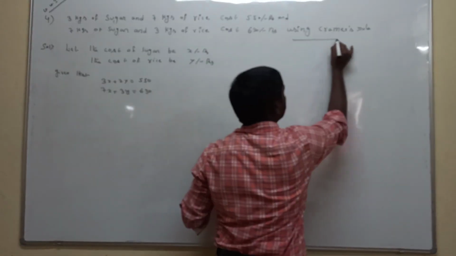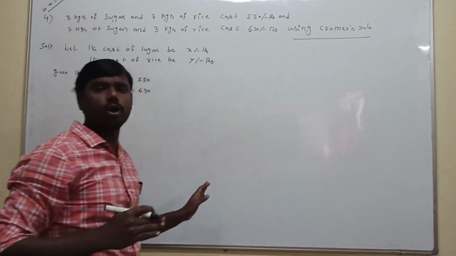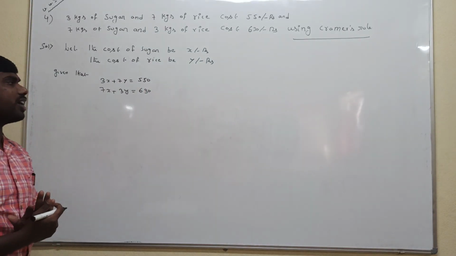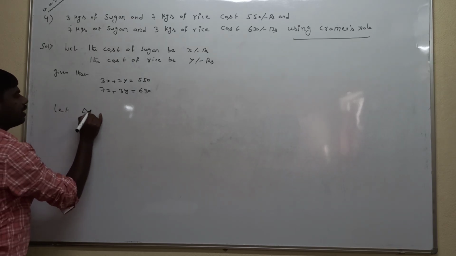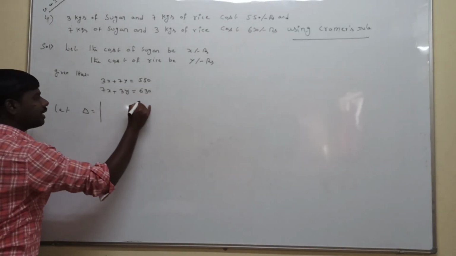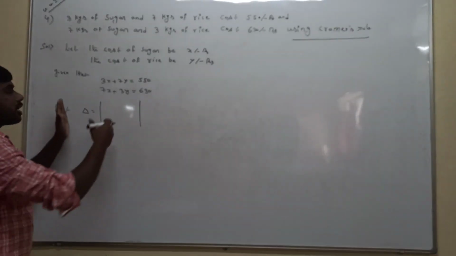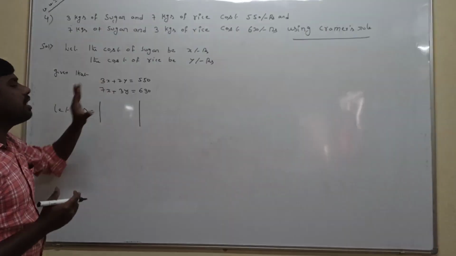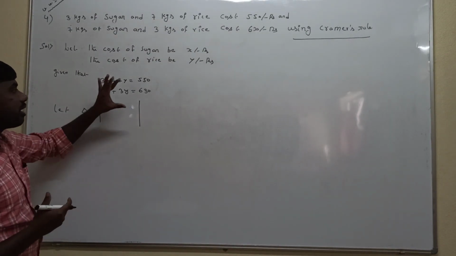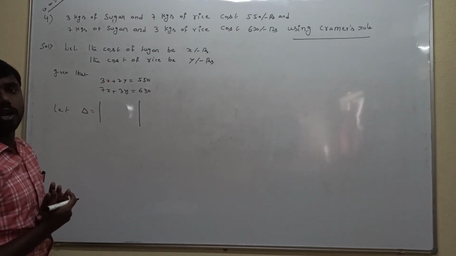By using Cramer's rule, we can find the x and y values. What is the first condition? First we take delta. Delta is the determinant of the coefficients of x and y in the given equations. In the first equation, the x coefficient is 3 and the y coefficient is 7.